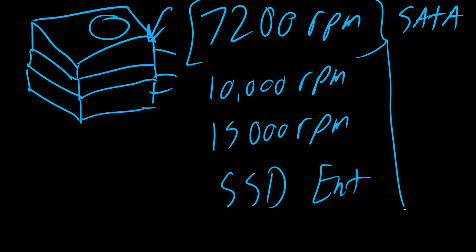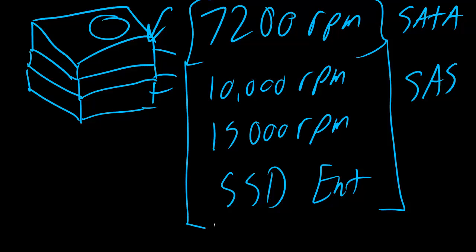And let's classify all these as SAS, serial attached SCSI. Is that right? That sounds right. Now, we can get these guys in a nearline SAS, but I'll come back to that later.